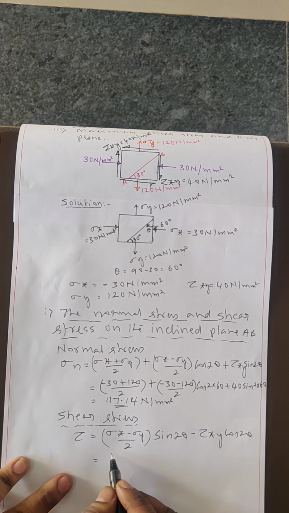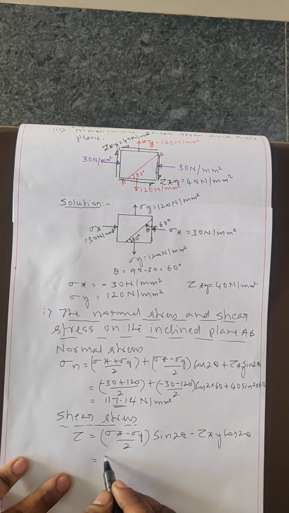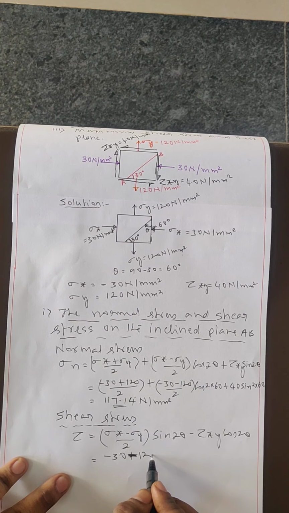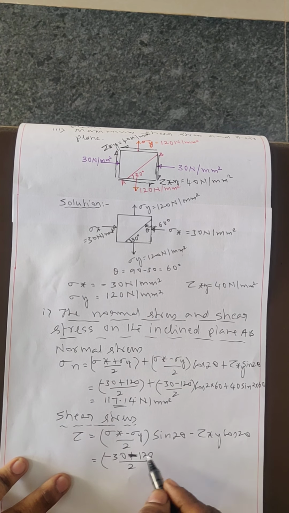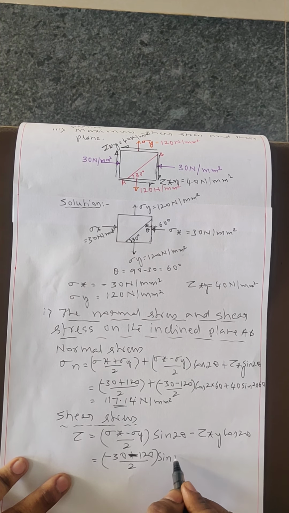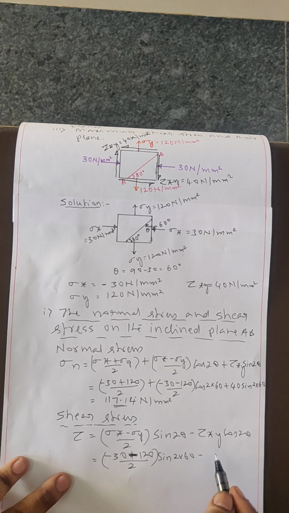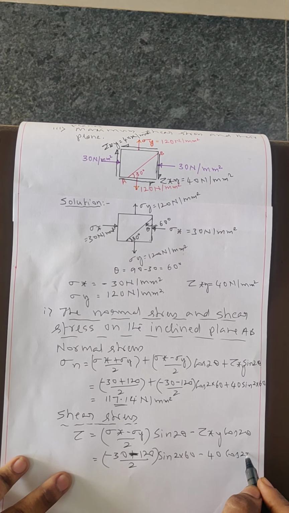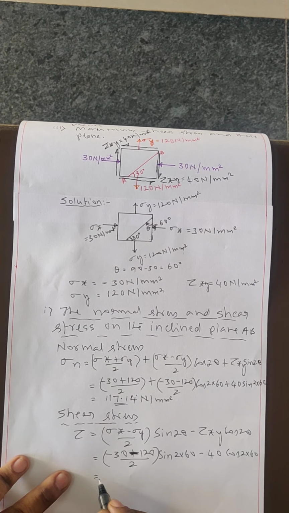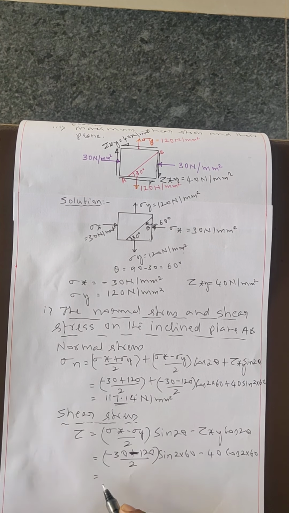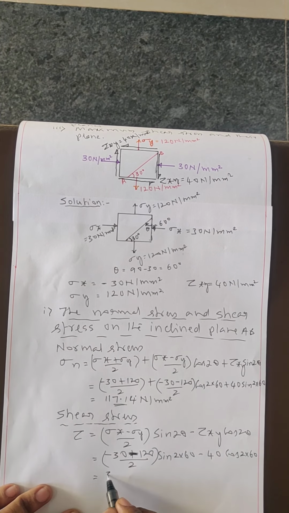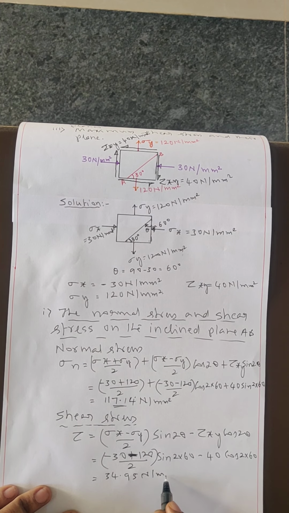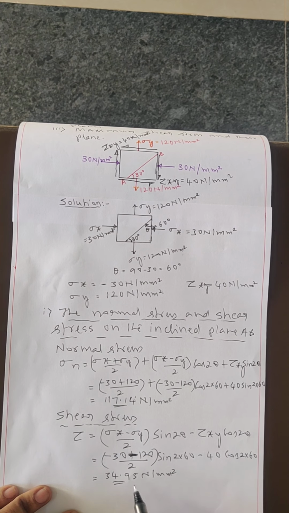Sigma x is minus 30 minus 120 by 2 sin 2 into 60, minus tau xy, which is 40, cos 2 into 60. This shear stress, if you calculate, comes to 34.95 Newton per millimeter square.